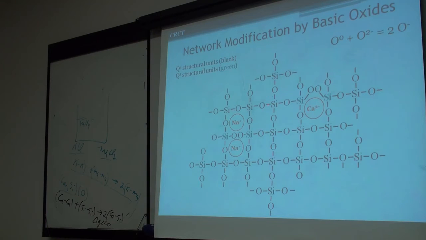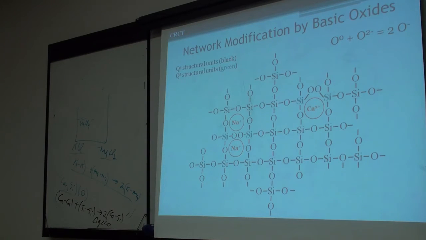So your O0 is your silicon-silicon bridge, your O2 minus is your calcium-calcium pair, which is completely destroyed, and your two O minuses are your two calcium-silicon bonds here. So we're modeling, and this again is a very negative reaction.